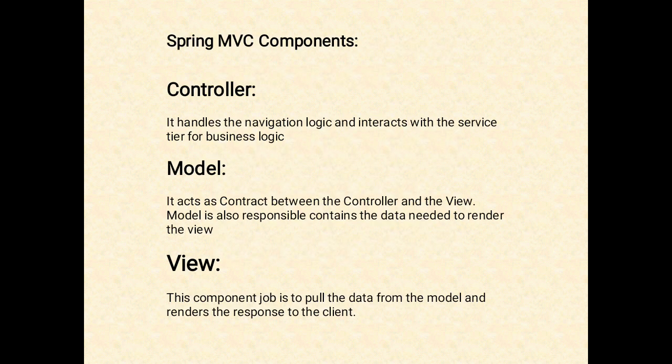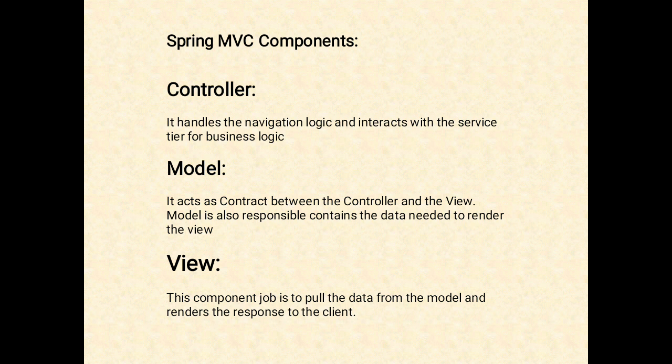So there are three components in MVC architecture. They are model, view, controller. First, let us discuss controller. It handles the navigation logic and interacts with the service tier for business logic. Then what is model?